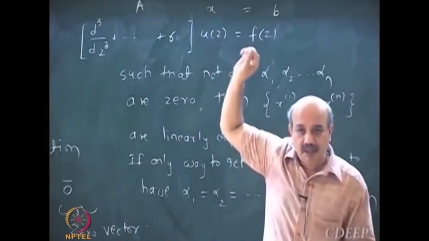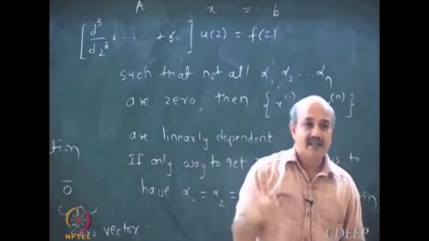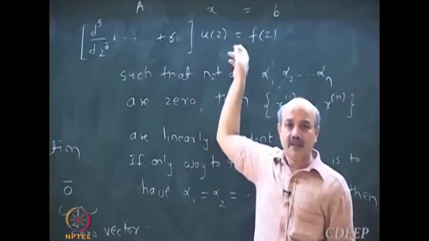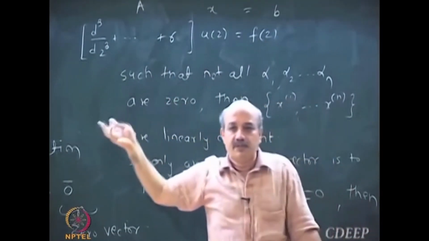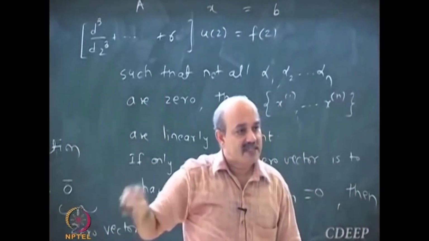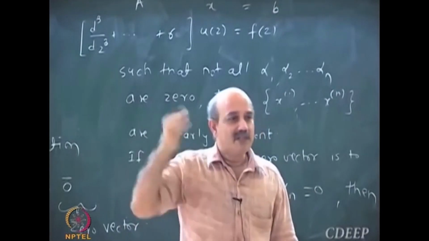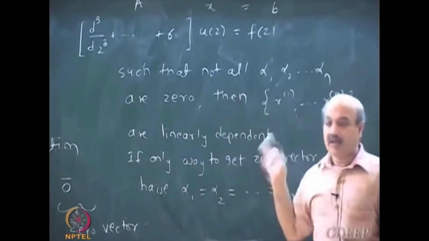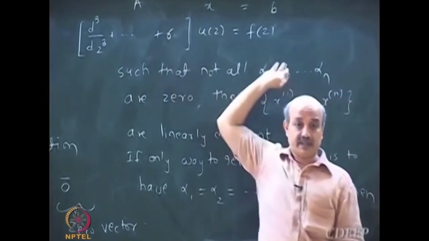Solving Ax equal to b in 3-dimensional spaces is the same as solving this equation in the set of thrice differentiable continuous functions. It's the same equation, only the underlying space is different. We are not doing something fundamentally different when solving this and solving this.